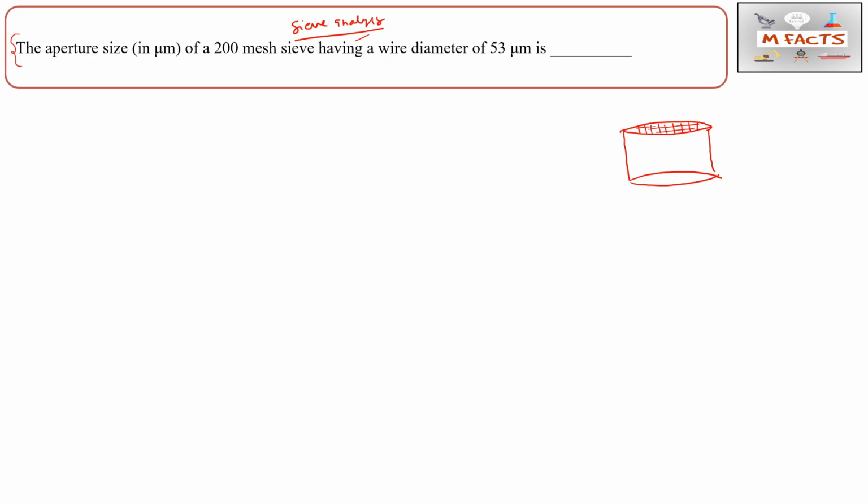If I draw only this part in magnified version, we will get it like this. These are square shapes of the same size. So this is the magnified version of this part only.